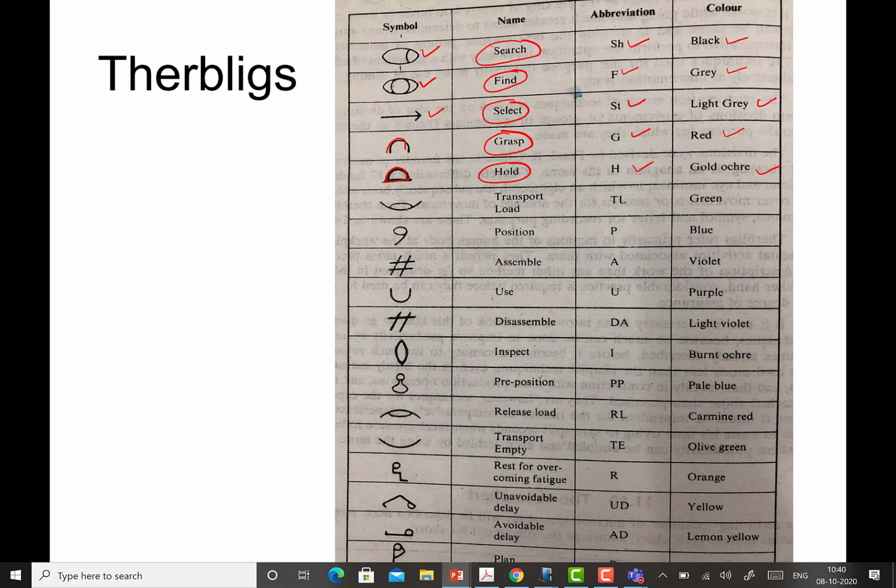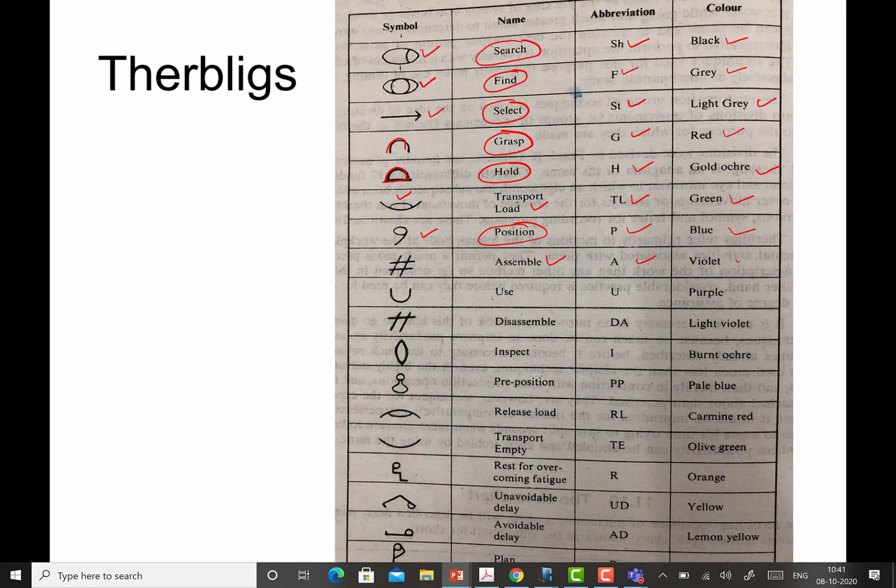Then transport loaded: after picking and holding, you are moving a certain part, and this is represented by this symbol. TL is transport loaded, and green is the color. Then position: P is the letter, blue is the color, and this is the symbol used for the position.